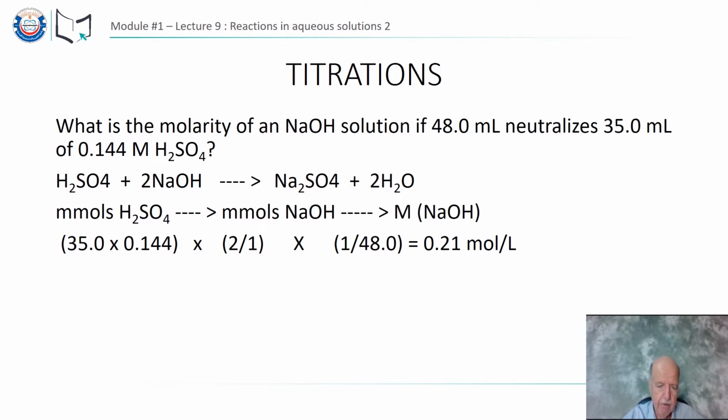So I have millimoles. If I work in volumes, I use millimoles. Millimoles H2SO4 is volume in mL multiplied by molarity. Millimoles NaOH is that multiplied by 2/1. If I divide by the volume in mL, I get the molarity.